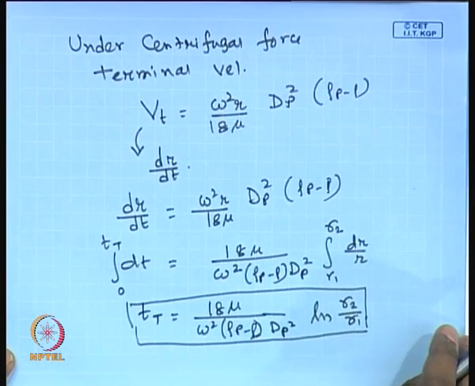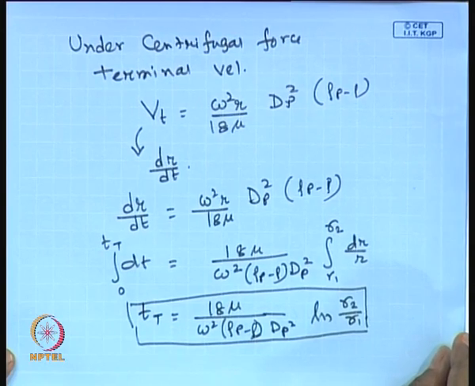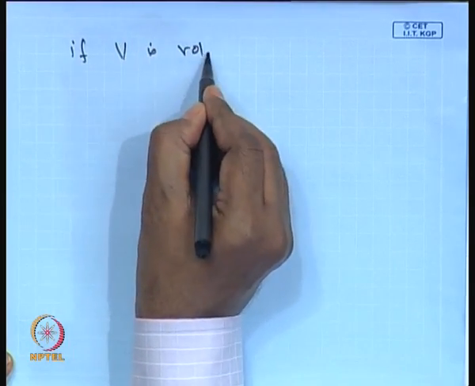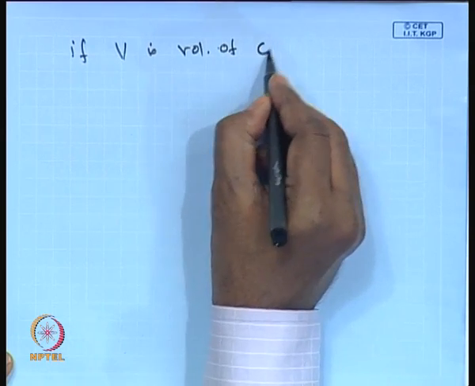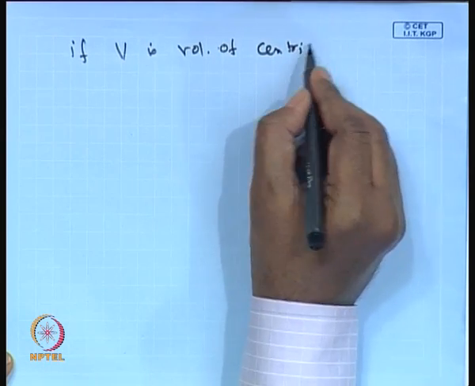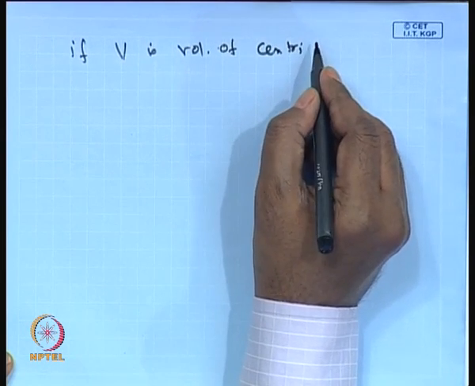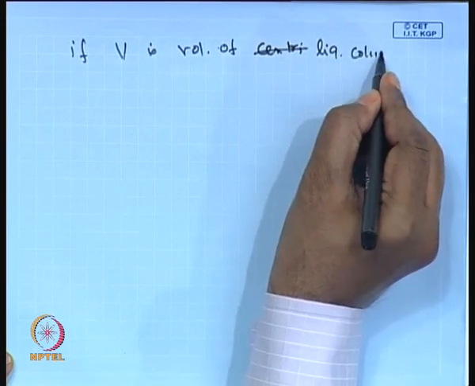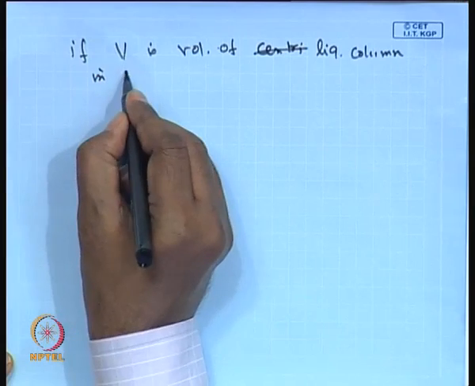Now, if the volumetric flow rate becomes Q and V is the volume of the liquid column in the centrifuge, okay, if V is volume of centrifuge, volume of liquid column in centrifuge.